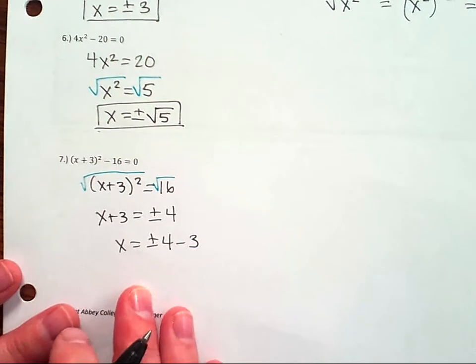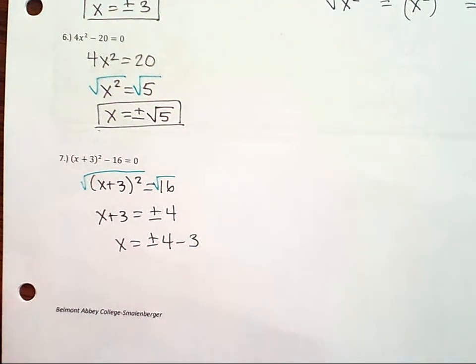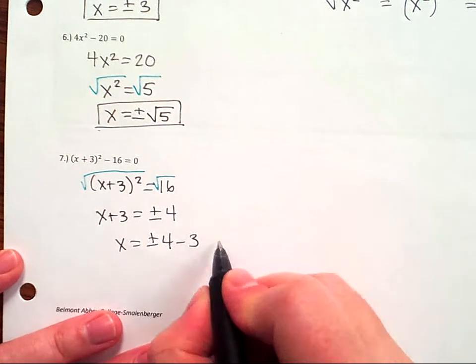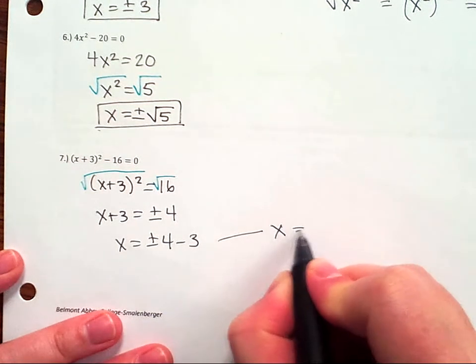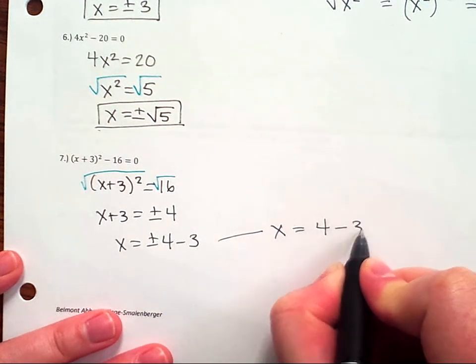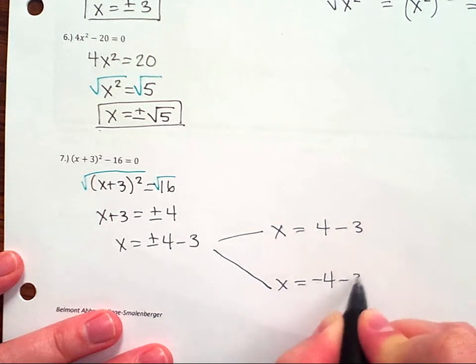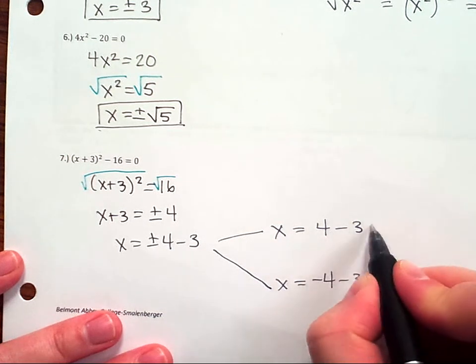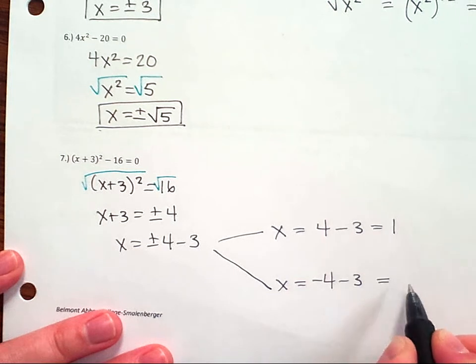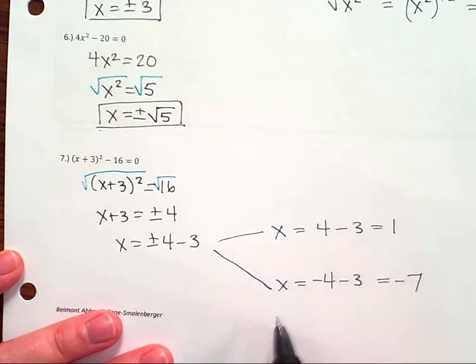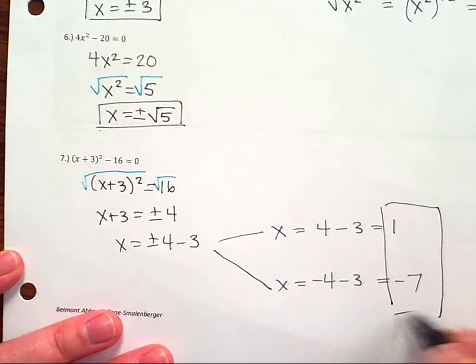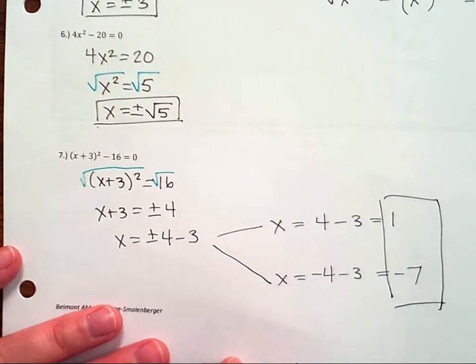Plus or minus 4 minus 3 is super ugly, so let's write it as 2 separate things. One is the positive 4, and the other is negative 4. So 4 minus 3 is 1. Negative 4 minus 3 is negative 7. So those are my solutions, right?